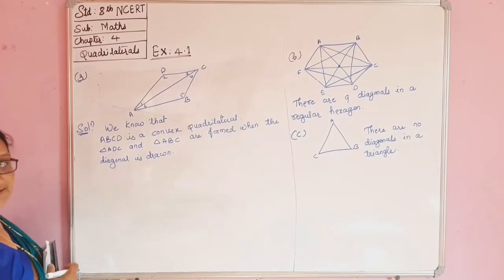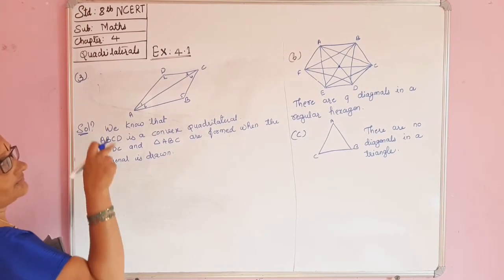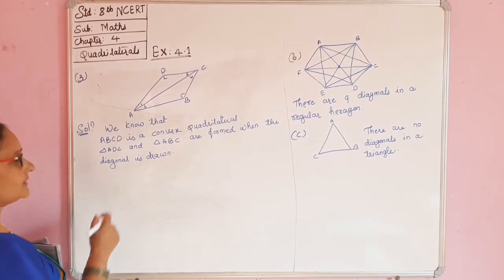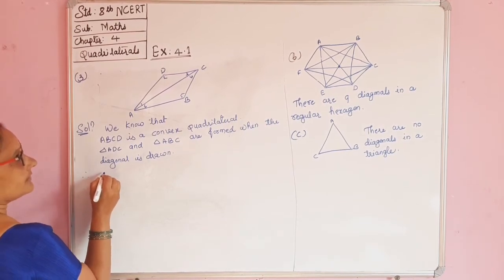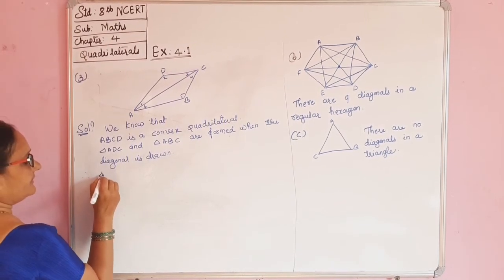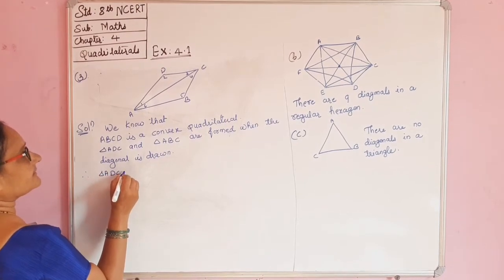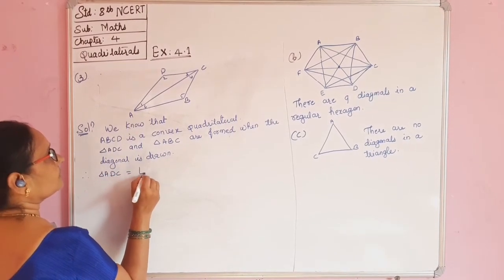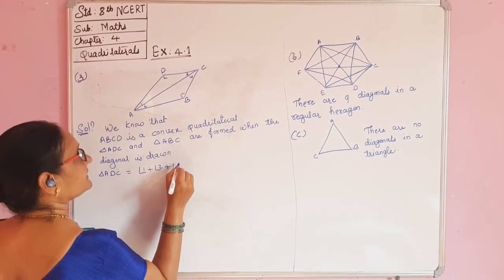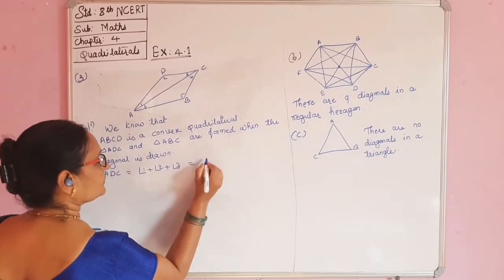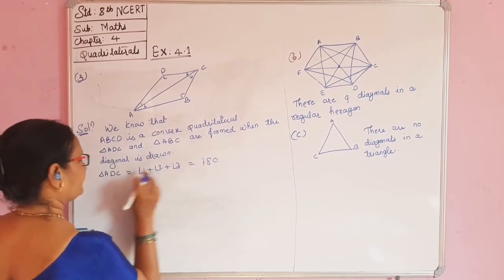So what is the angle sum property of the whole quadrilateral ABCD equal to? Therefore in triangle ADC, angle 1 plus angle 2 plus angle 3 is equal to 180 degrees.